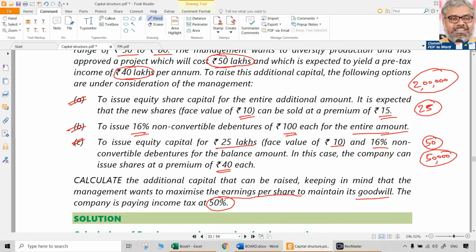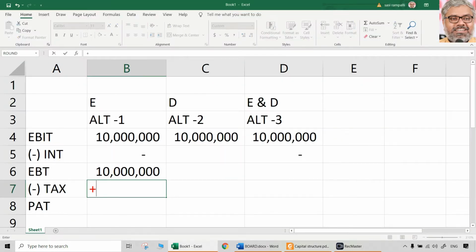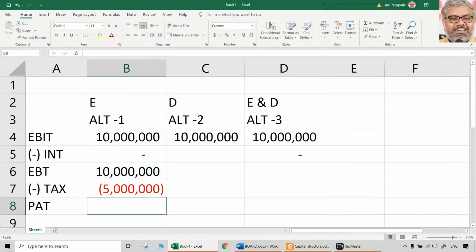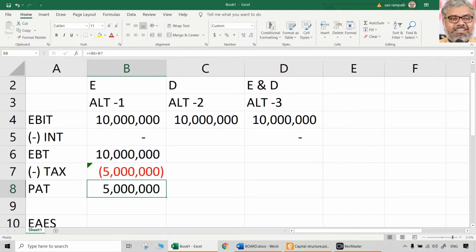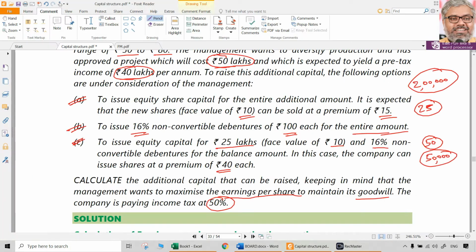Tax is given. Tax rate is 50%. That means 50 lakhs. So what is going to be the profit after tax? 50 lakhs in alternate 1.